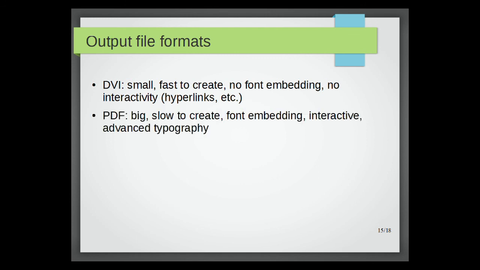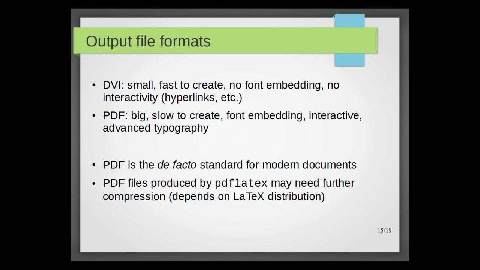PDF, on the other hand, is bigger than DVI and slower to create, but it supports a lot of additional features. PDF is also the de facto standard for modern documents, and PDF files produced by the pdfLaTeX compiler may need further compression depending on the LaTeX distribution that you use.